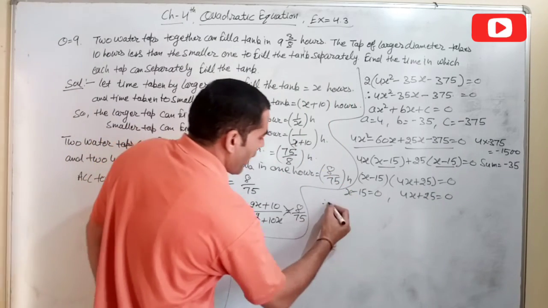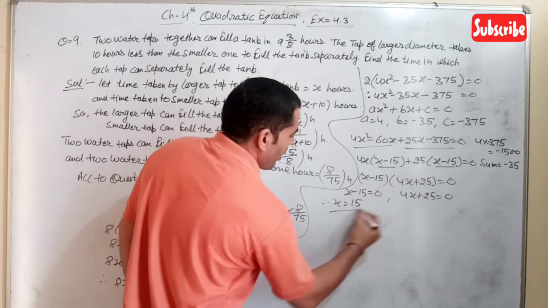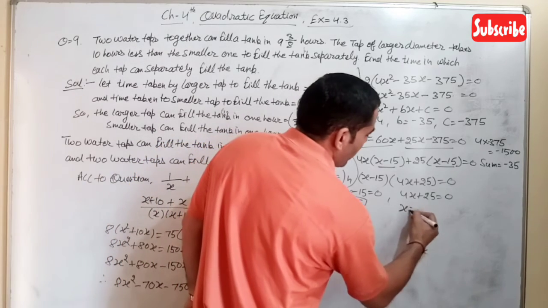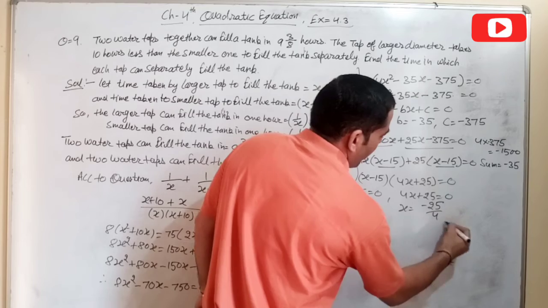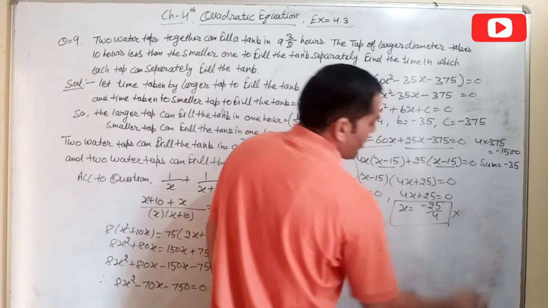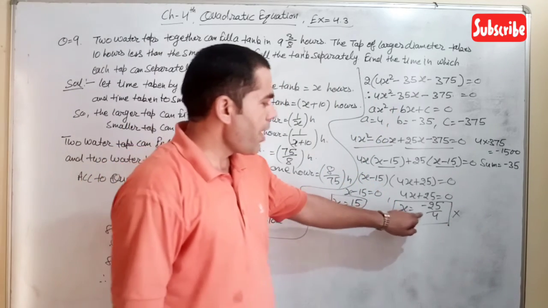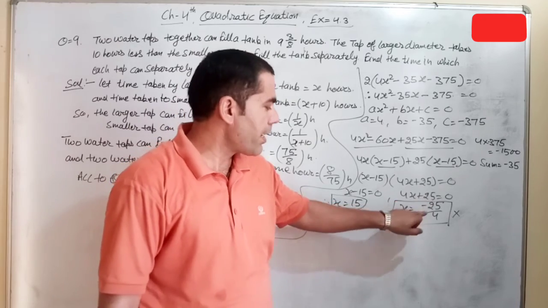Now the value of x is equal to 15 and the value of x is equal to minus 25 upon 4. This value is rejected because time cannot be negative.